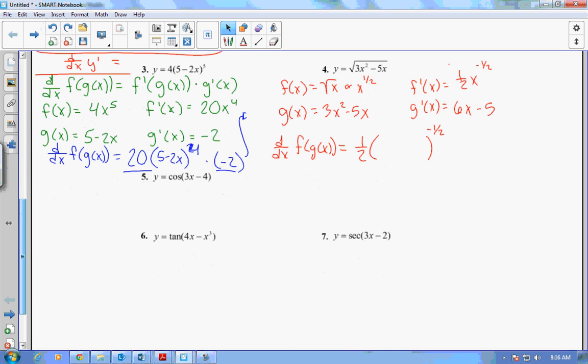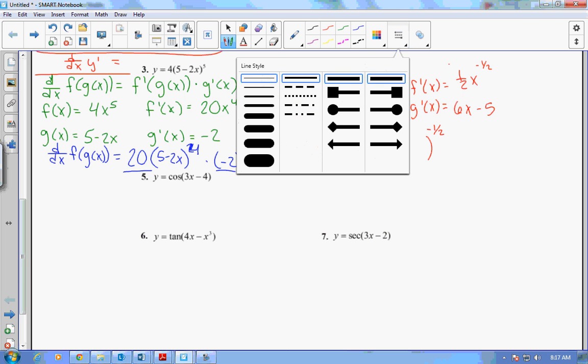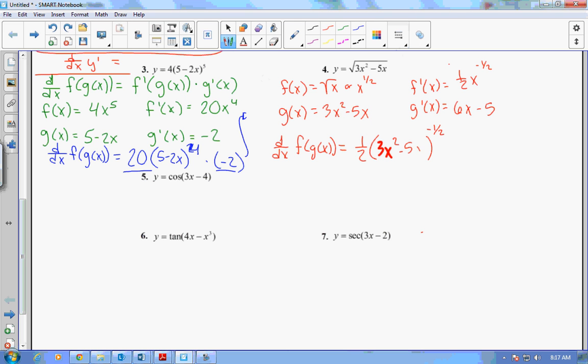Okay, regular g was 3x squared minus 5x times, I put this in the parentheses, 6x minus 5. Okay?